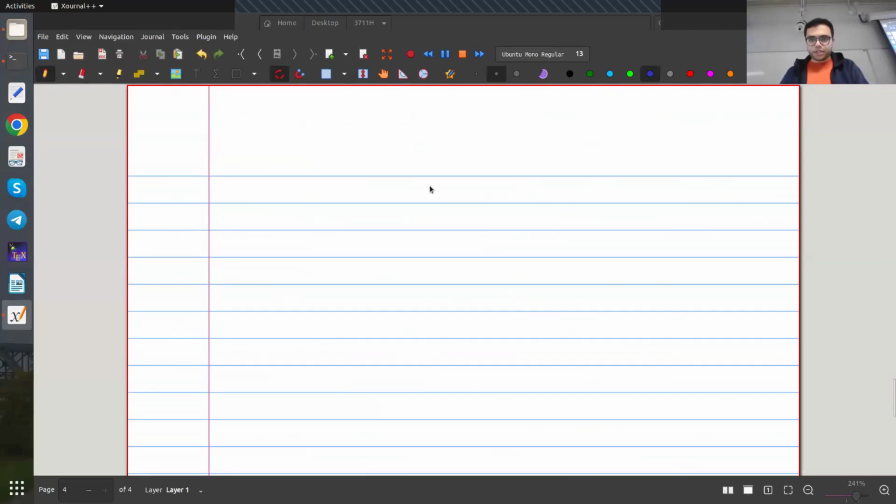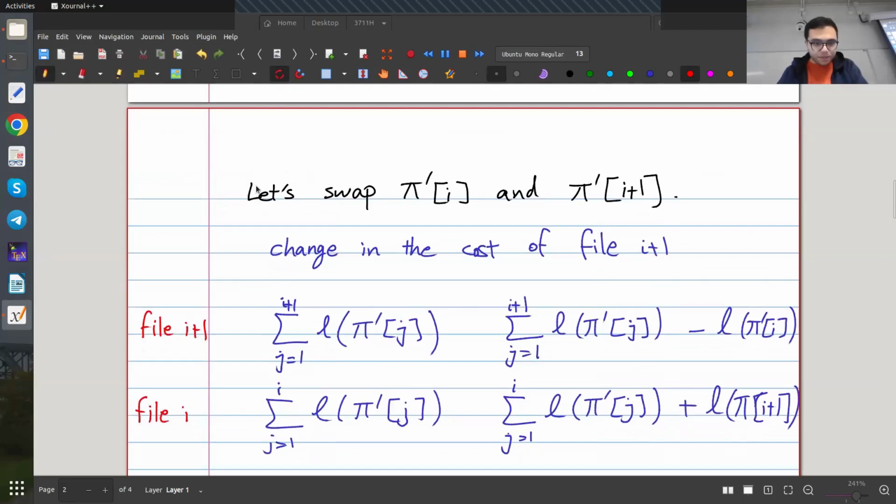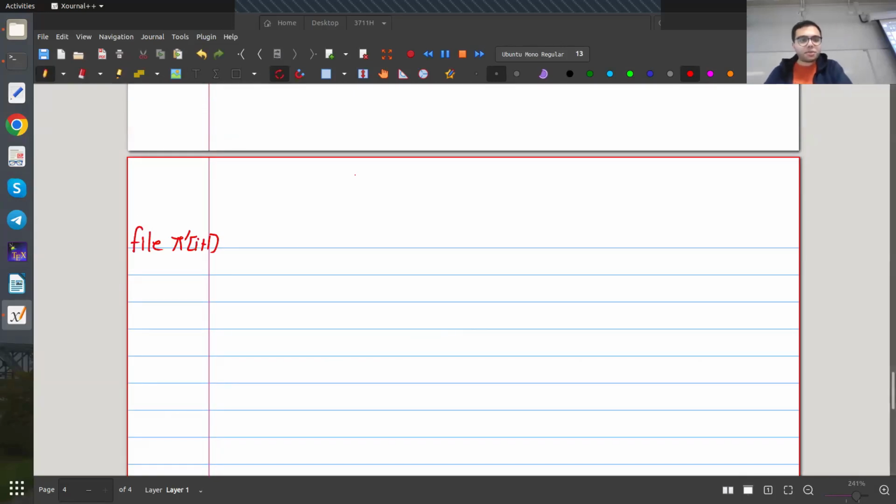So let's do this. What happens to the file that P prime put at position i plus 1? I just realized that this one is supposed to be P prime of i plus 1, and this one is supposed to be P prime of i. Okay. So what happens to the file that used to be at position i plus 1? I now swapped it, and it's now at position i.